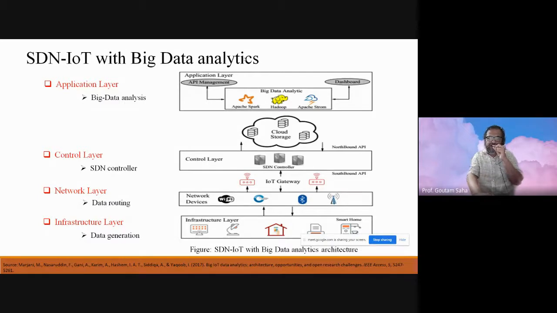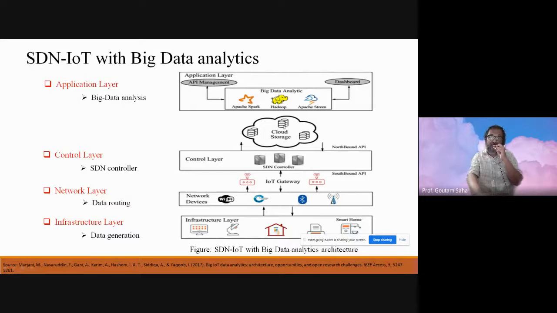See here, the infrastructure there: cameras, etc. Then network devices, LoRa, Wi-Fi, everything is there. IoT gateway, instead of gateway we can use switches here. Then SDN controllers. These SDN controllers can provide the blockchain security for the lower devices.